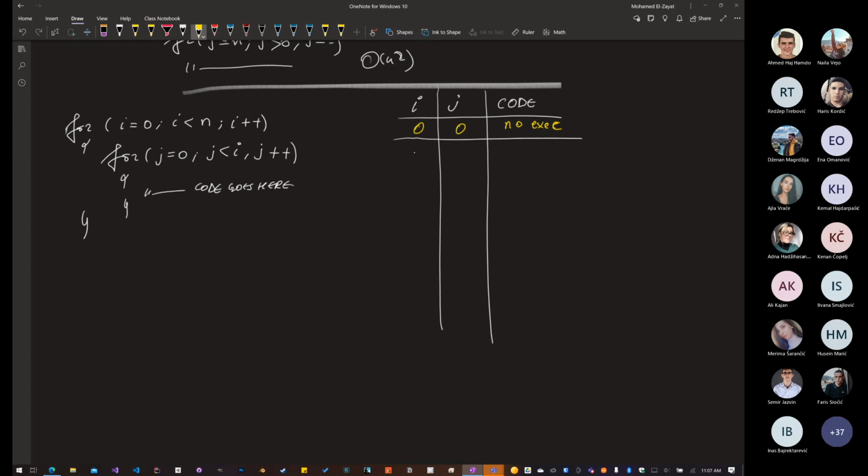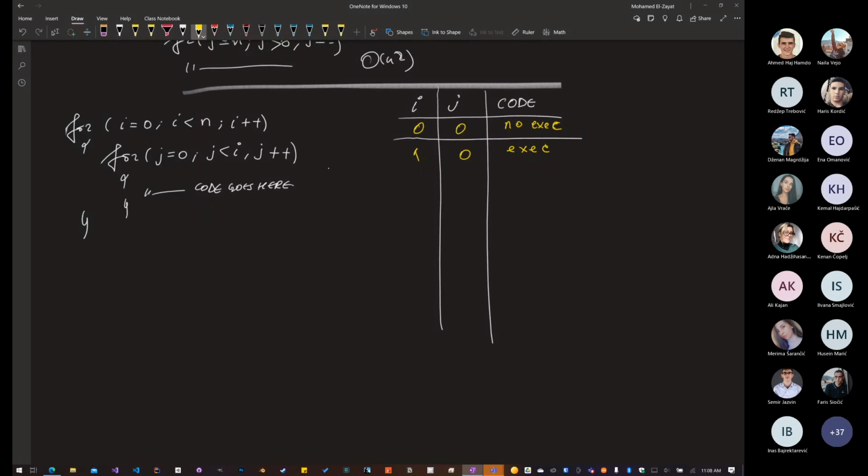So I is going to be 1, and we get inside, J will be 0. Is J less than I? True. Because I is right now 1 and J is 0, J is less than I, so we have an execution. We execute this line.